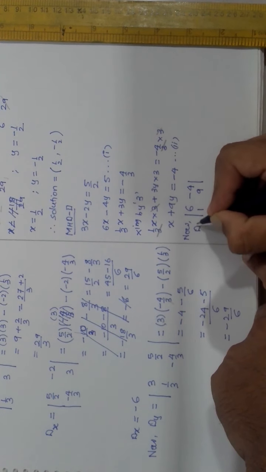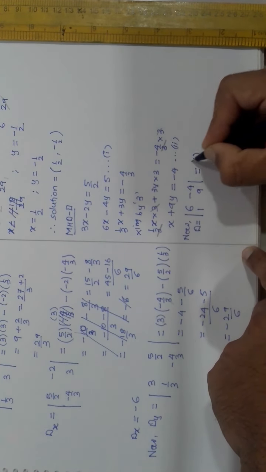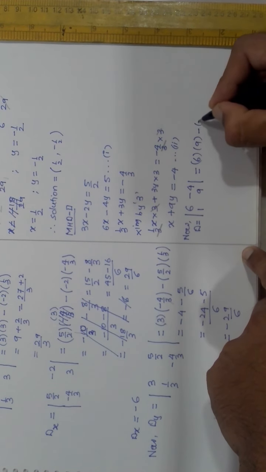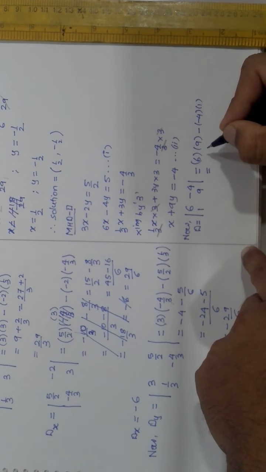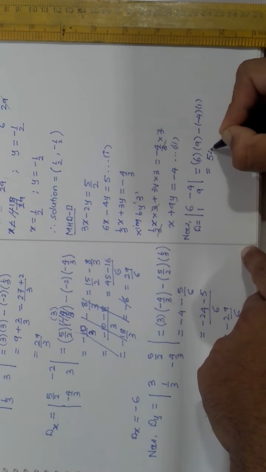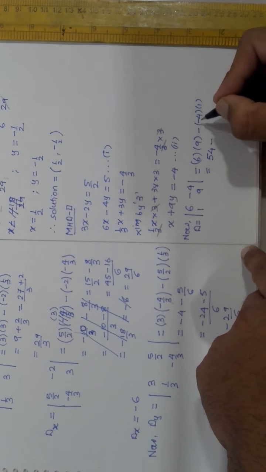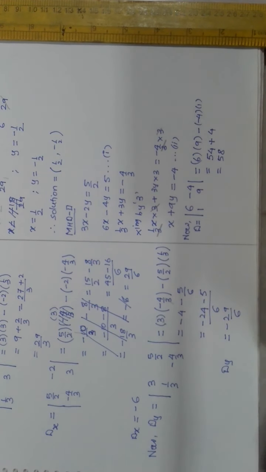That is your D, equal to 6 into 9, the product of diagonal elements, minus the product of non-diagonal elements. That is 6 9s are, I think, 54, minus, and minus times minus 4 becomes plus 4, so it becomes 58. This is your D.